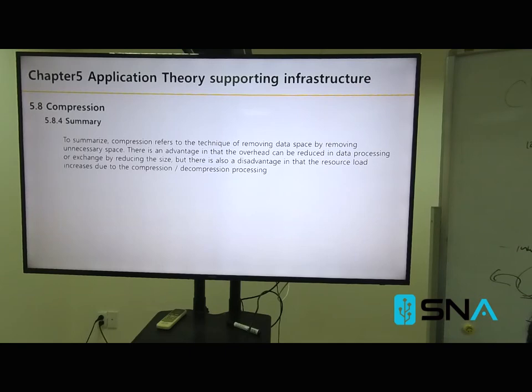Because we can reduce size, we can reduce bandwidth use, so data processing and exchange become lighter. But there is also a disadvantage in that the resource load increases due to the decompression processing.